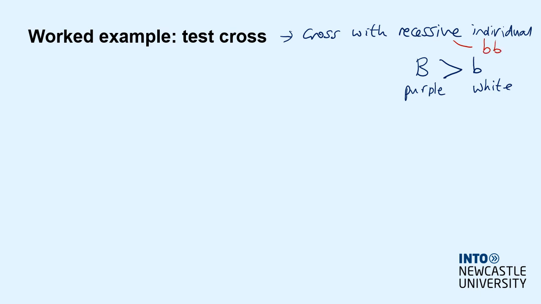So we have a purple flowered plant. I should be doing this in a purple colour, shouldn't I? So we've got a lovely purple coloured plant. There you go. And we don't know whether it's big B, big B or big B, little b. But we can perform a test cross, and we are going to make it with a homozygous recessive individual. Just like we looked at in monohybrid crosses, we have to work out the gametes and do a Punnett square.